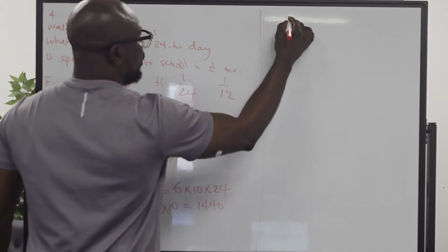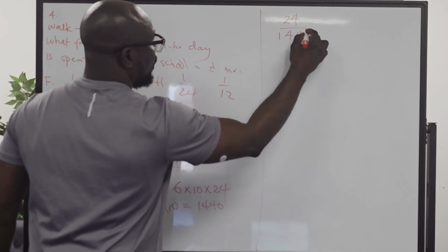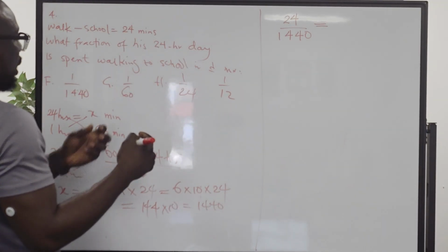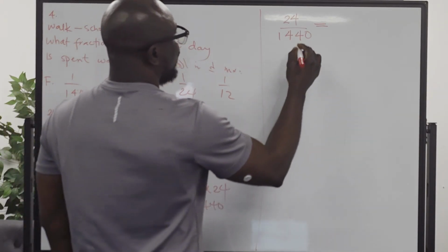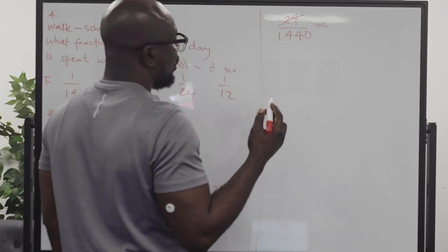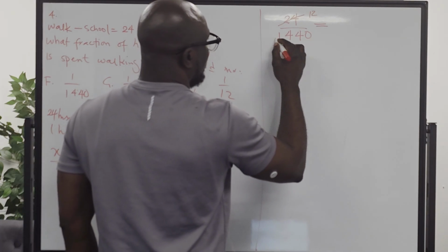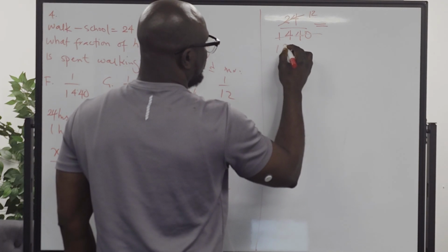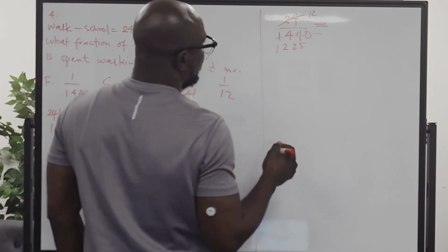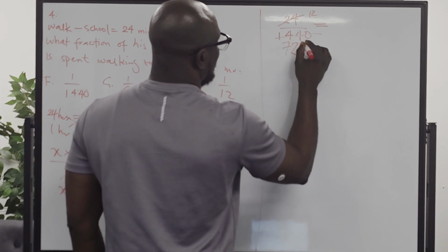24 minutes, sorry. 24 over 1440. That's one way you do it, and that'll give you the fraction. So you can go down here and say 4 in 24, or 2 in 24, you have 12. 2 in these, you have 720, right?